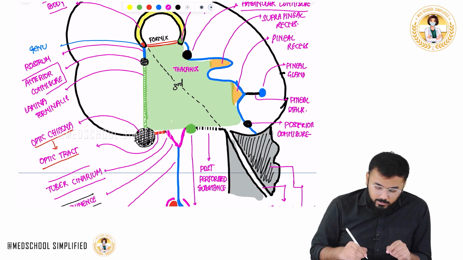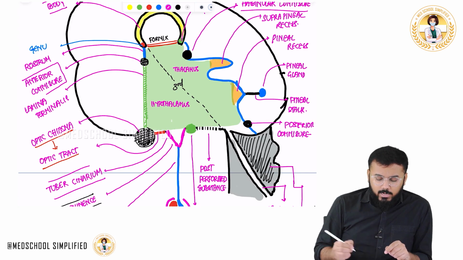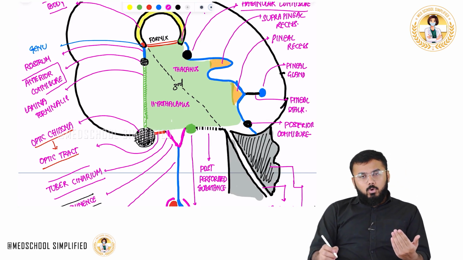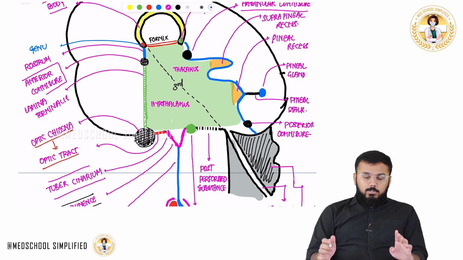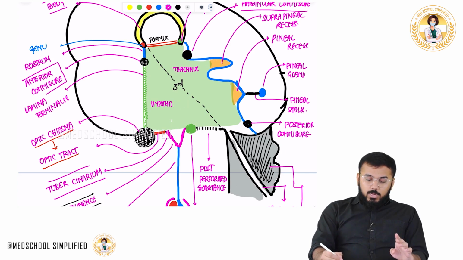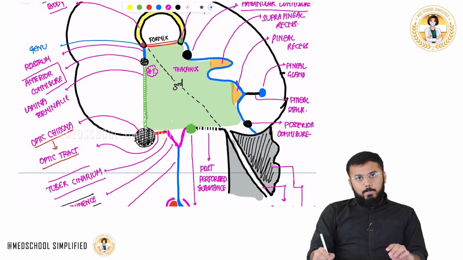Below this line whatever I have drawn is called hypothalamus. Instead of writing hypothalamus completely, I have to show some structures over here, so I will just write it as HY, meaning hypothalamus.